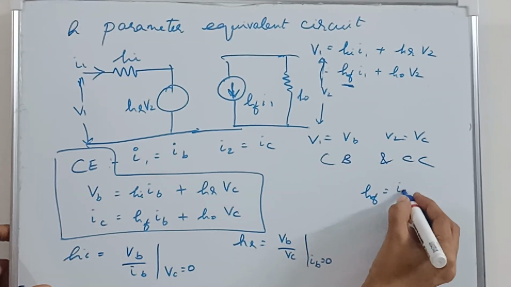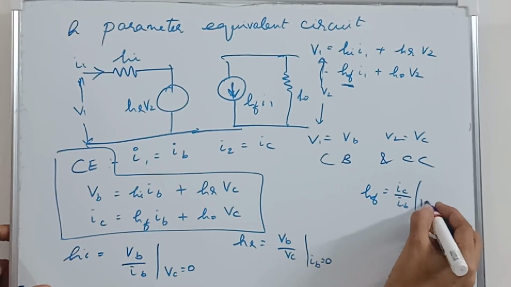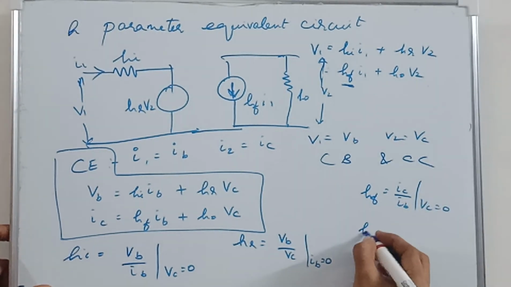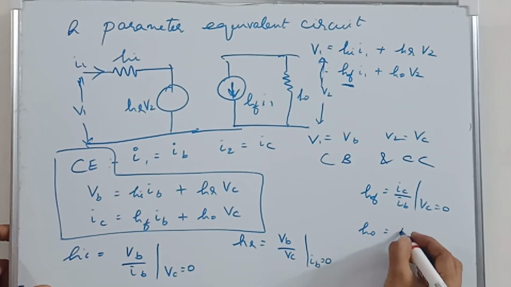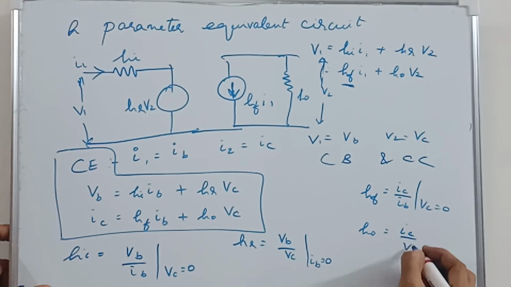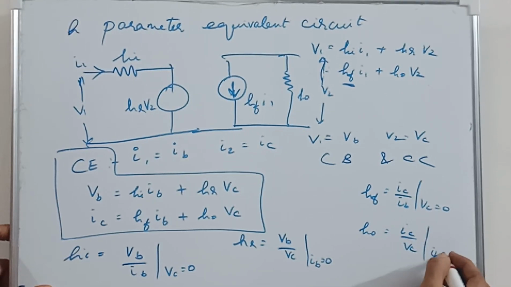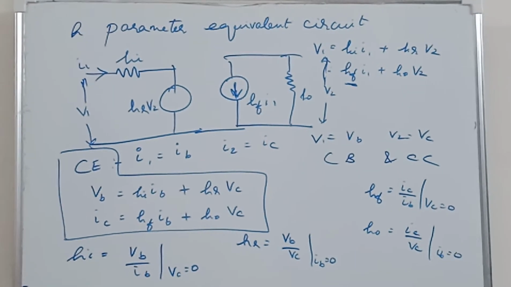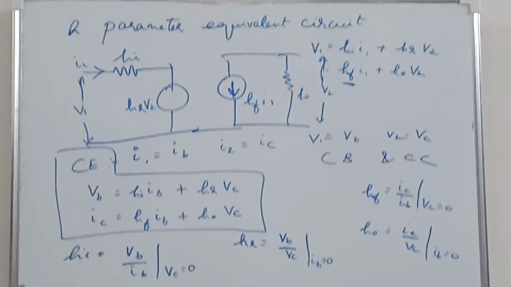HF will be IC by IB when VC is 0, and HO will be IC by VC when IB is 0. Now for each of the configurations of the transistor, we need to find different parameters using these H parameter values.